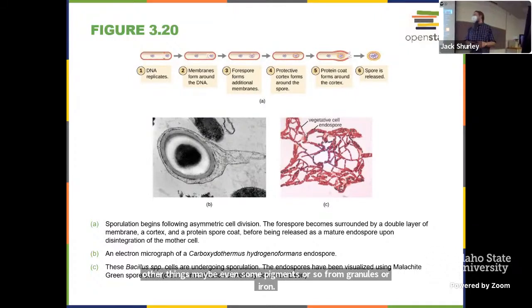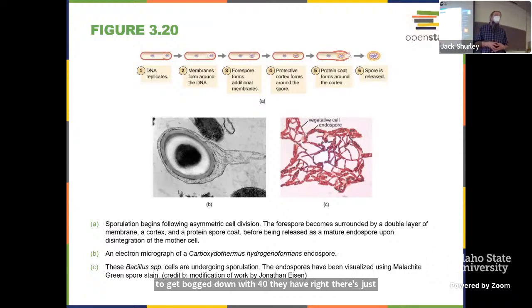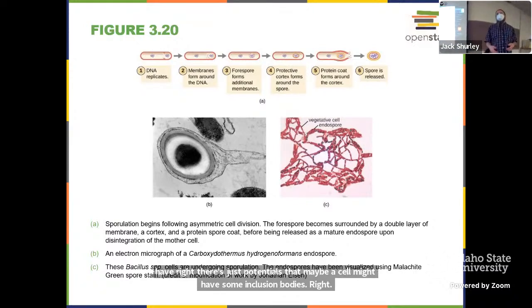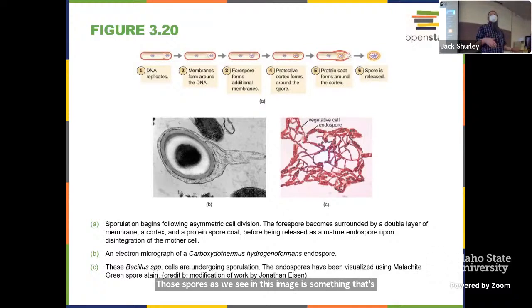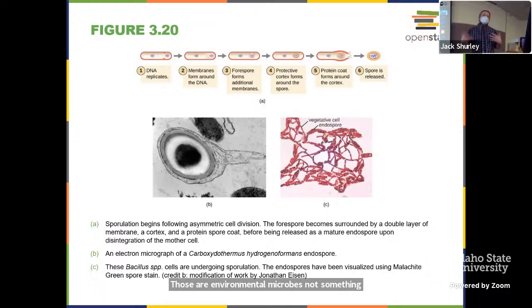And you don't need to get bogged down with what they have, right? There's just the potential that a cell might have some inclusion bodies. The spores, as we see in this image, are probably more of what we might be thinking about, all right? Some of the other bacteria, as we think of the sulfur or the magnetosomes, those are environmental microbes, not something that we think about as pathogenic.